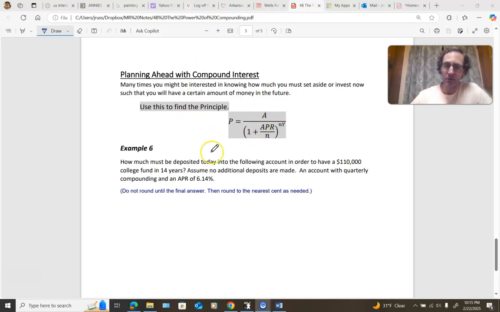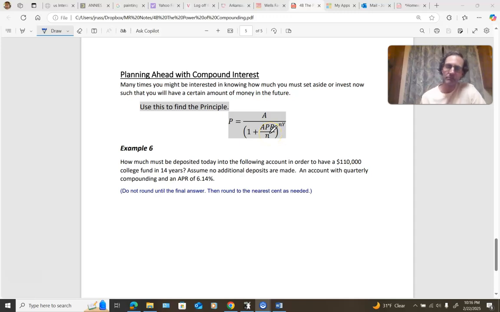So look at this formula. Instead of them giving us the principal, it's what we're trying to figure out. We're trying to figure out how much money we need to invest such that we have this accumulated value in the future. And of course, we'll have to know the interest rate, the number of years, and also the number of times that interest is compounded per year.